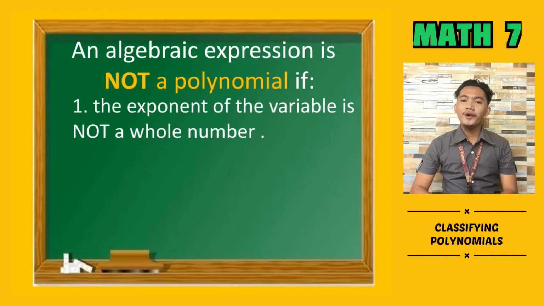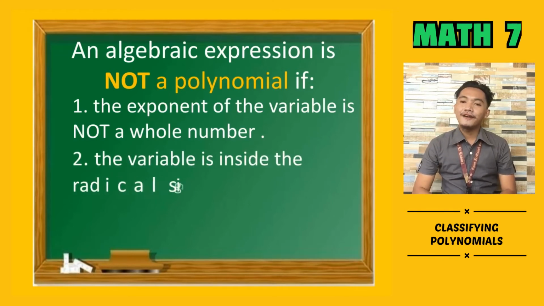By the way, what is a whole number? We learned in our previous lessons that a whole number is the set of numbers formed by adding 0 to the set of natural numbers. These are 0, 1, 2, 3, 4, 5, and the numbers to the positive infinity. So it means that if there is a negative sign in the exponent, then it is not a polynomial.